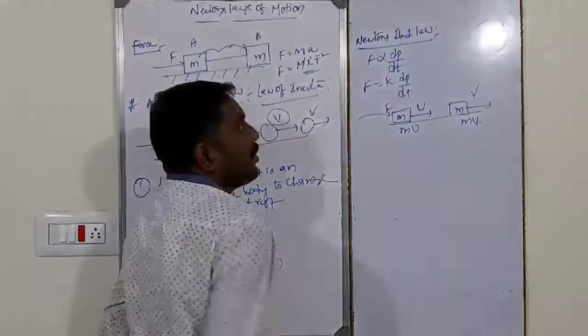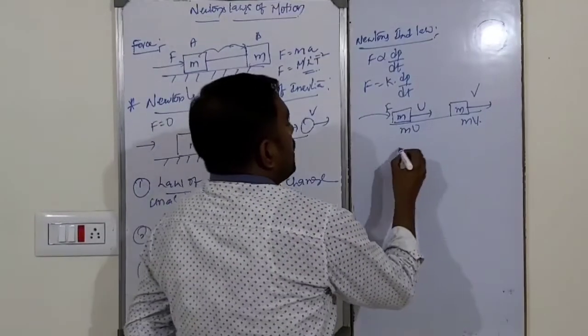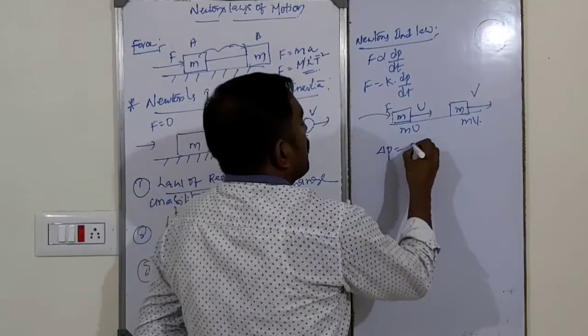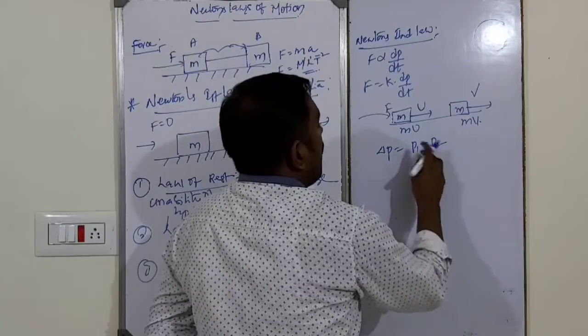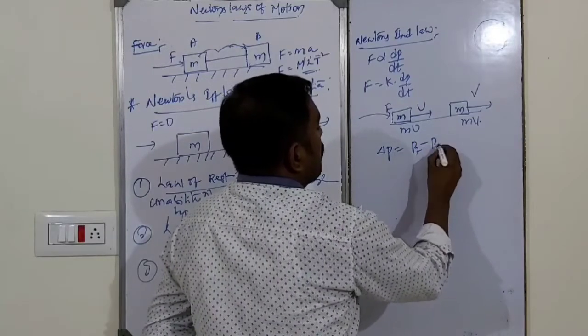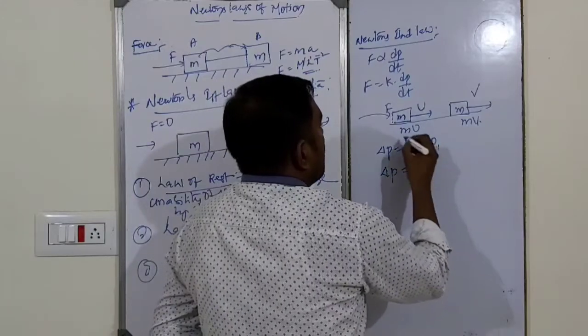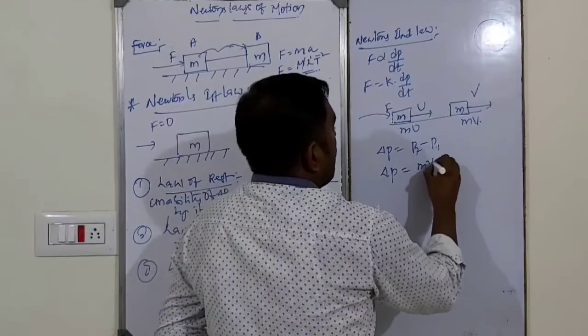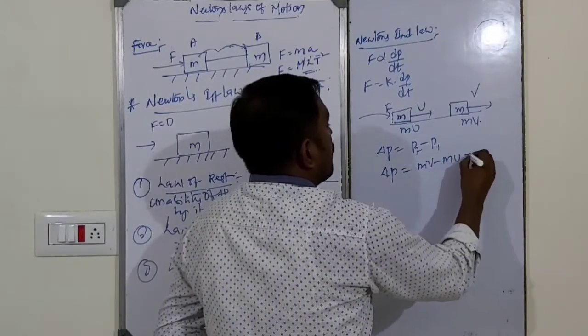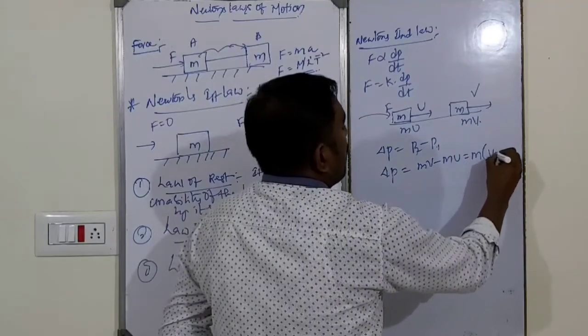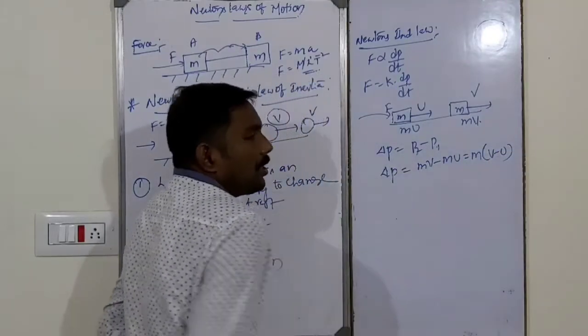Then change in momentum delta p is p2 minus p1, where p2 is mv and p1 is mu, so delta p is equal to m(v minus u). So this is the change in momentum.